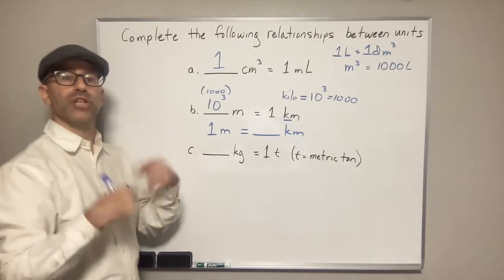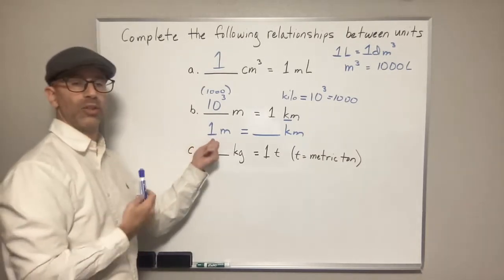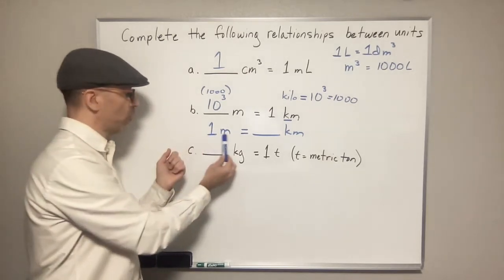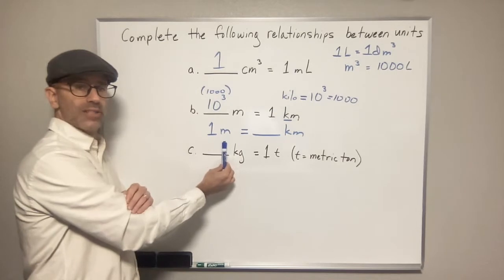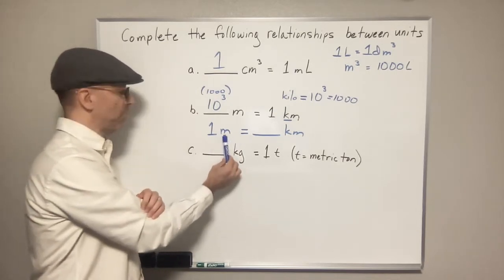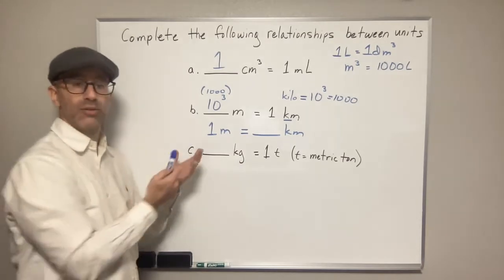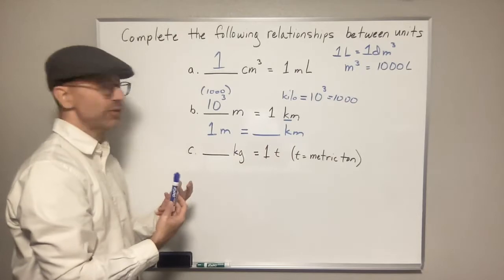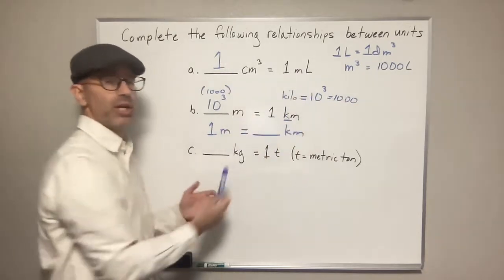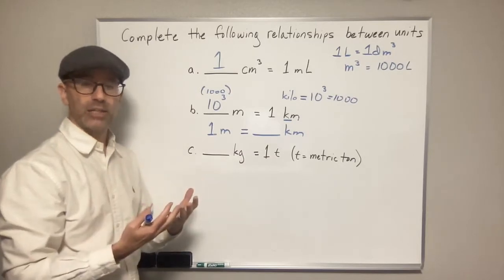Well, you change the sign of the multiplier. So if they give you the 1 with the base unit, if they put the 1 with meters or grams or seconds or something like that, then you still have to know what the prefix multiplier is. If I know the prefix multiplier is 10 to the 3, all I need to do is change the sign of the exponent.